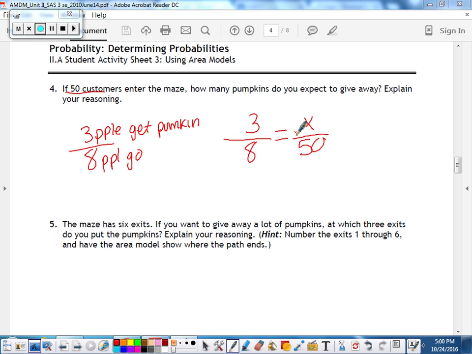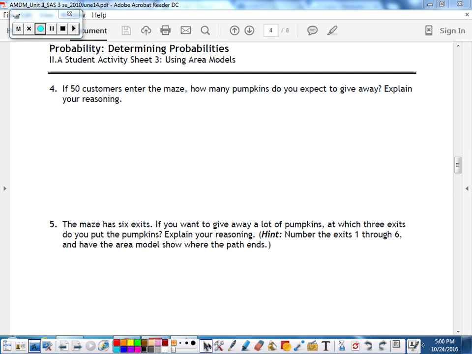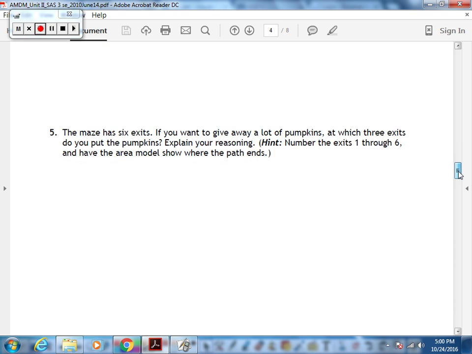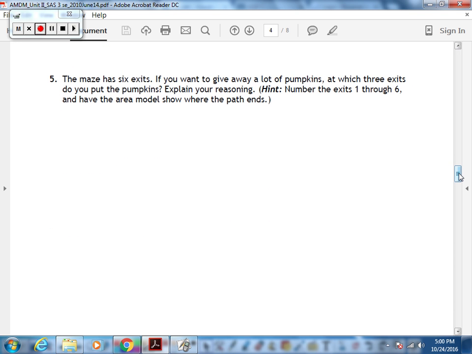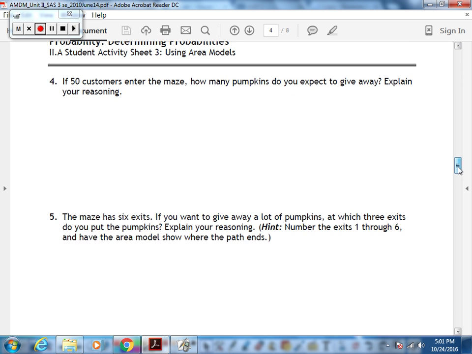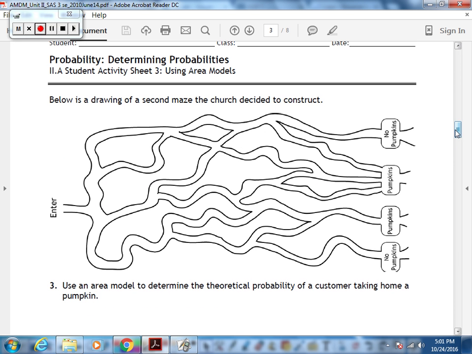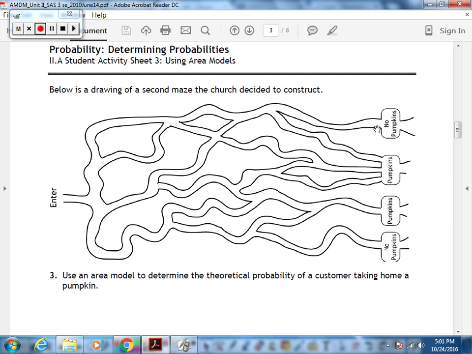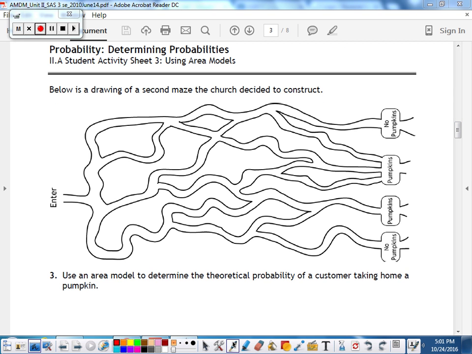Number 5, it's asking you where would you put the pumpkins if you gotta choose the top 3, you wanna give a lot of pumpkins. So if I go back to the maze, there are 6 paths. 1, 2, 3, 4, 5, 6. Find the ones that have the most paths coming to it.